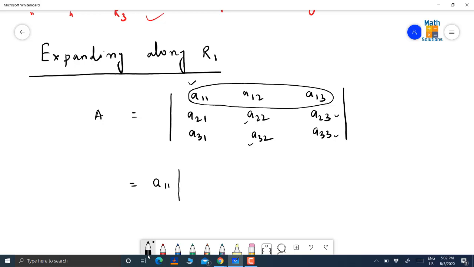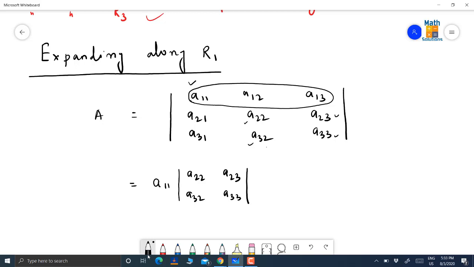Then after deletion, I shall find only these 4 elements left behind, and I have to construct a determinant of these 4 elements in this way: A22, A23, A32, A33. This is the determinant framed here. So this determinant value should be multiplied with A11 for the first position.